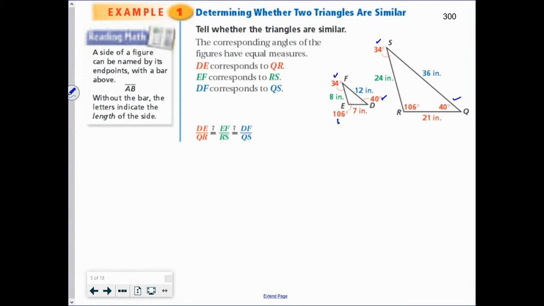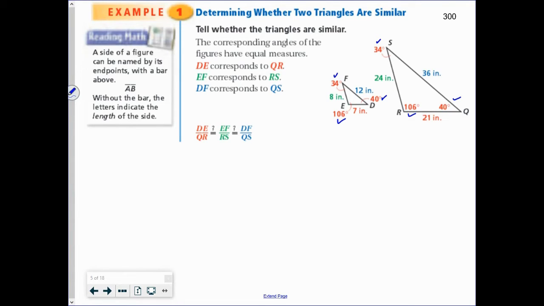And the largest angle 106 degrees with the largest angle 106 degrees. Since those corresponding angles are all equal, then I know that these two triangles are actually similar, because I don't really need to compare the sides if the angles are congruent. This is a special trait of triangles. But I'm going to go ahead and do it anyway.